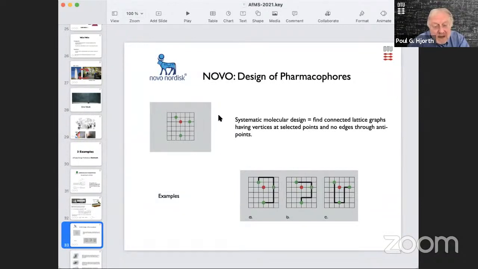And then you can ask, can you systematically search in organic compounds for molecules who can do just this particular trick? And this, of course, is an issue in graph theory. So you can ask how many graphs of reasonable simplicity and connectedness have the property that they go through these vertices and not go through the red vertices.